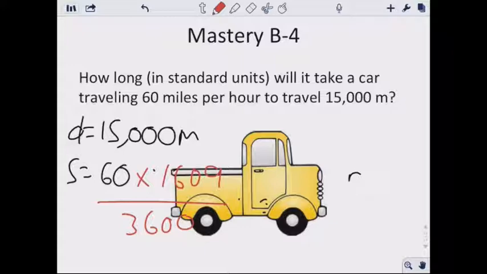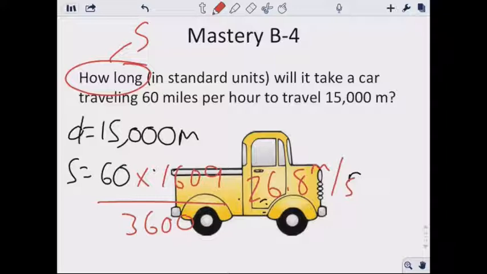And so when we do that, we'll get our speed in 26.8 meters per second. So there's our given. Our unknown, it says how long. So guess what that is? That is time measured in seconds.